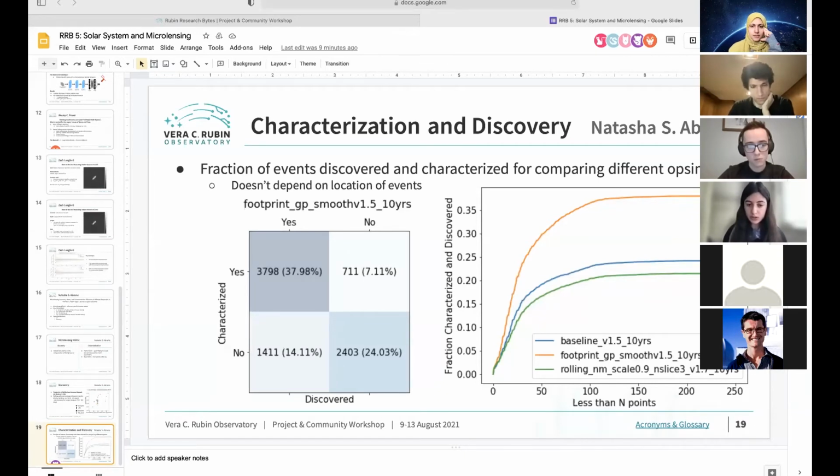An interesting metric to look at is the fraction of characterized and discovered events as a function of the number of points in the light curve. This is interesting because it is not dependent on the location of the microlensing event in the sky, but rather just the time series of points. This is a metric we hope to explore further in our Optic Supplement extension of the CAN standard. Thank you.